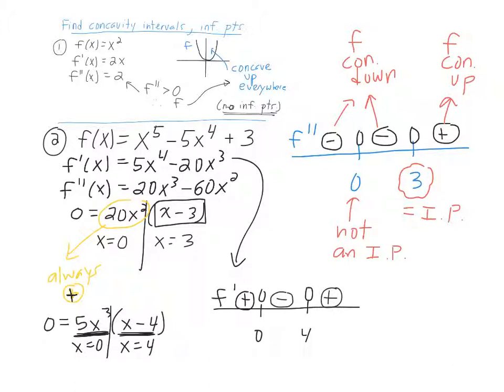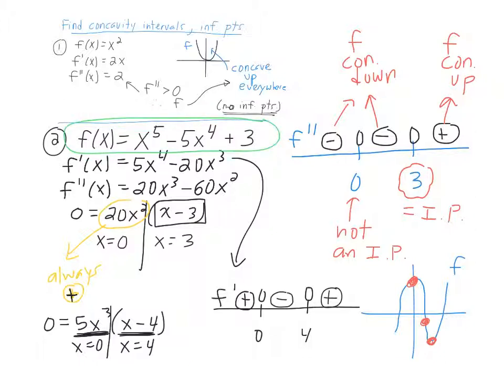So if we were to try to put these pieces together and sketch this, this is what we would see. If we assume that we were able to just use our calculator to get this function for now, later on we'll focus more on how to get this graph using these sign diagrams. But for now, let's just assume that we graphed our original function f of x, and this is what showed up.